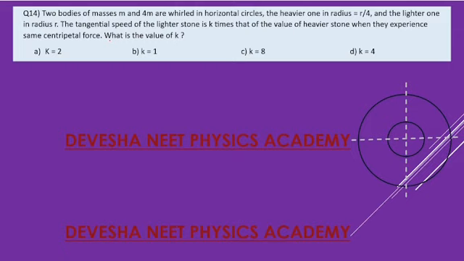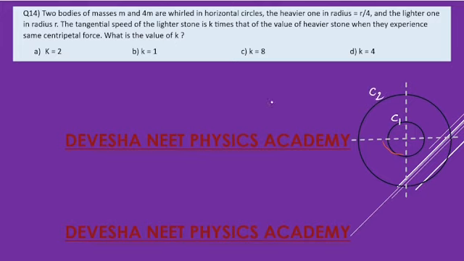Right. So in this case, it's given that two bodies of mass m and 4m are whirled in horizontal circles. So imagine that these are two horizontal circles we're talking about. One circle is circle 1, and this is circle 2.